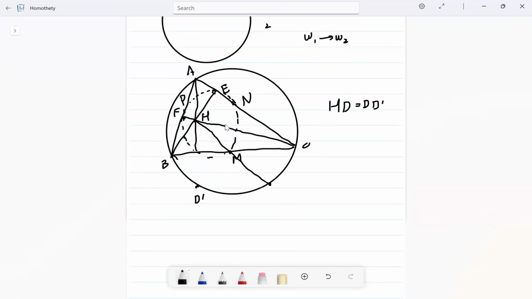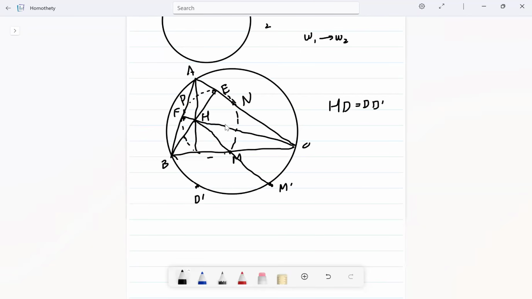You could consider the point where HM intersects, or you could just consider the reflection of H about BC, which is D dash. We need to consider it over M. Yeah, it's the same thing.